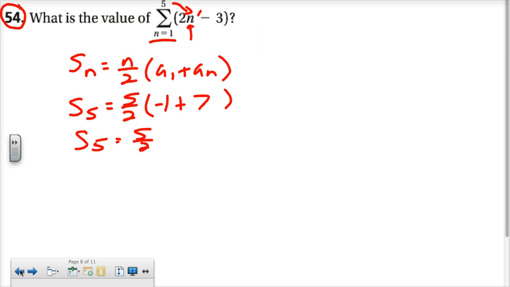So this will be 5 halves times 6, and you could write that as a fraction, do a little cross-reducing here, to get 15. So there it is. And you could argue with this one, hey, I could just put the 1 in, the 2 in, the 3 in, the 4 in, the 5 in, and then just add them up. I mean, the numbers are small enough here where that wouldn't bother you, but we certainly do want to use the formulas whenever we possibly can.